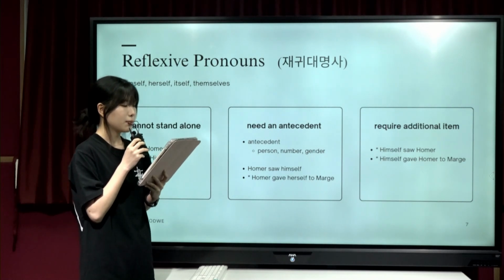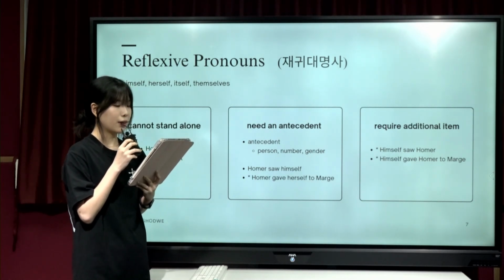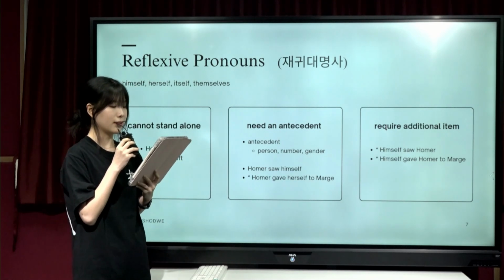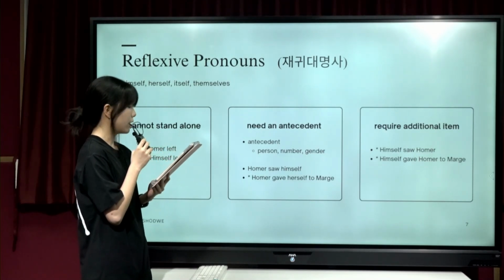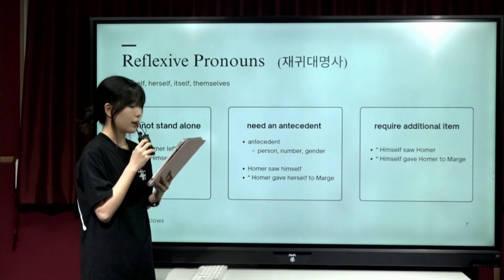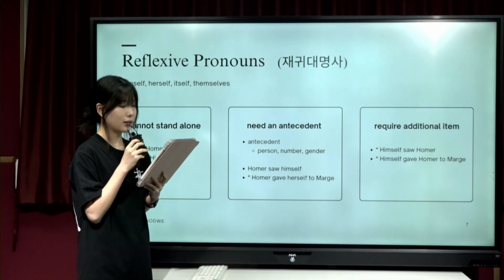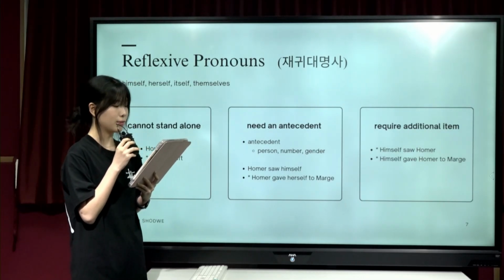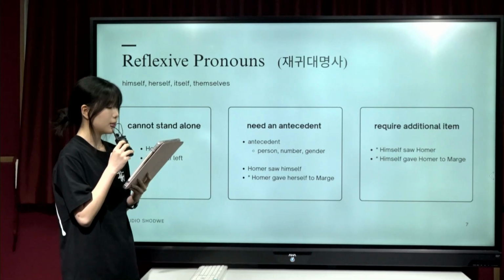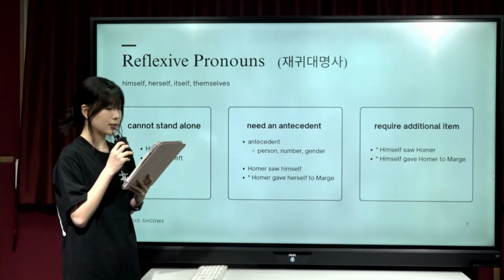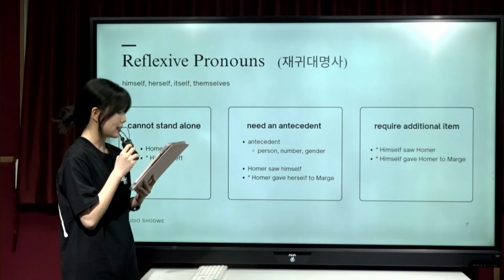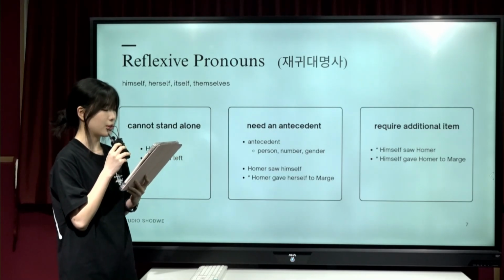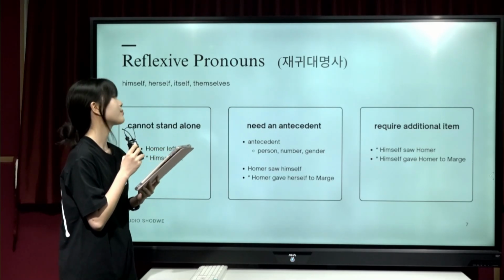A reflexive must refer back to another noun in the same sentence called the antecedent. For example, Homer left himself is grammatical, and in this sentence Homer is the antecedent of himself. But the antecedent should be appropriate in person, number, and gender. So the sentence Homer gave herself to Mert is ungrammatical.